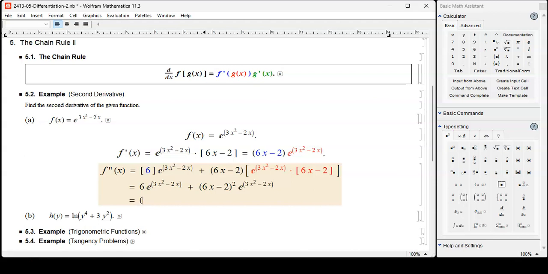Let's see. 6 plus this 6x minus 2 squared times exponential after factoring it out completely. And then you may want to break it up and simplify this part again, or maybe not. I don't know. If you stop at the first line, that's enough for me.